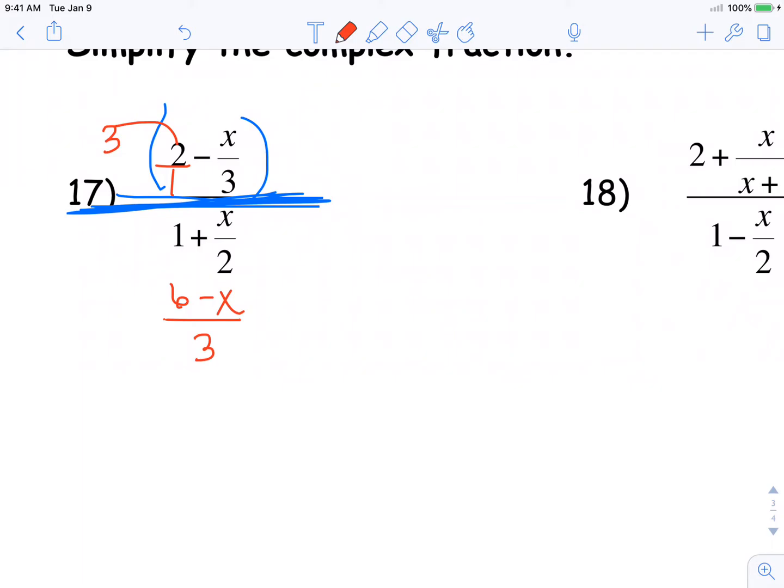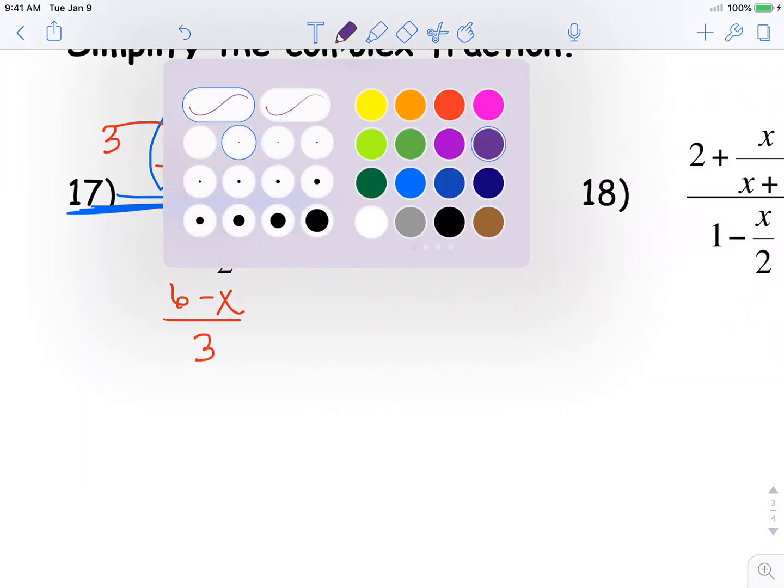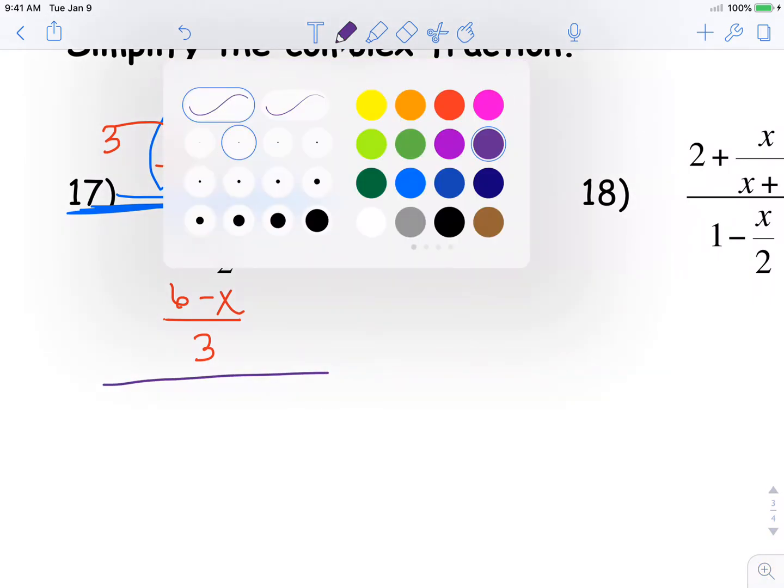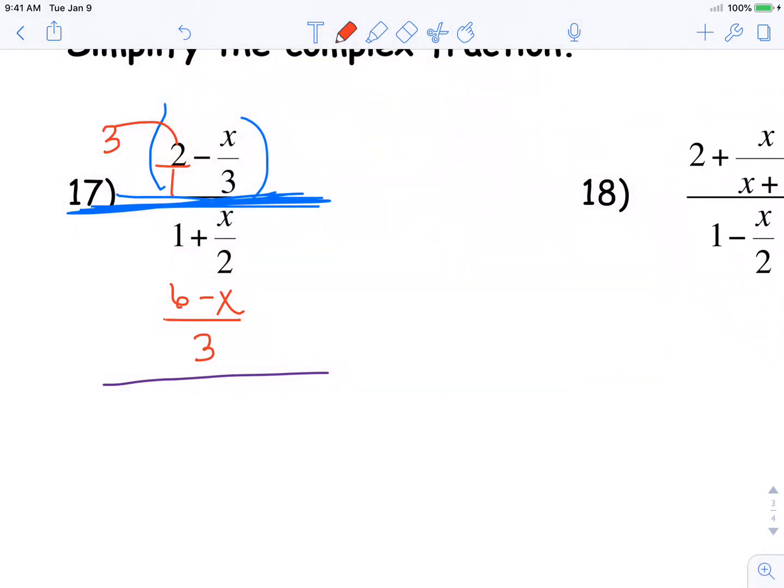So we did a little bit of working with just those two small fractions on the top, getting a common denominator. Then we have our big fraction bar, and we're going to do the same thing again, but this time with the denominator. The one on the right has a 2. We're going to do the same thing, thinking about that as 1 over 1.